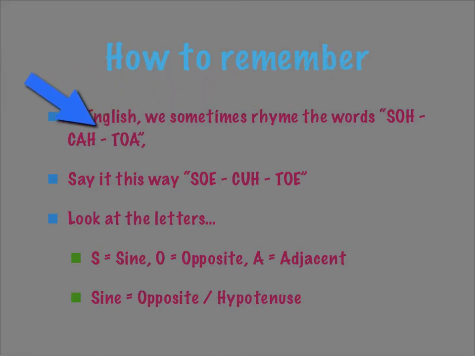Now, the CAH is for cosine. Cosine is the adjacent over hypotenuse. And finally, the tangent is the opposite over adjacent. So, SOHCAHTOA. If you can remember that and sort of unravel the way we write it, then you can remember the expression SOHCAHTOA. Okay.